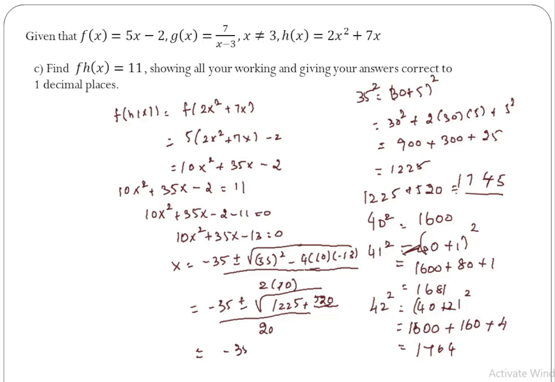So 35 plus or minus, which is approximate to square root of 41 square by 20. Shall we solve? First we can take the plus value, 41 by 20, that is 6 divided by 20, then 0.3 I guess.